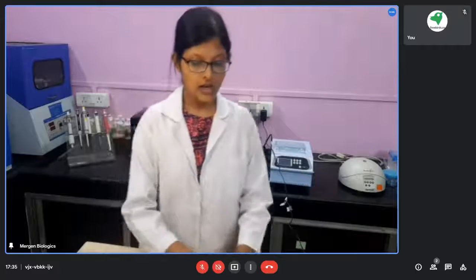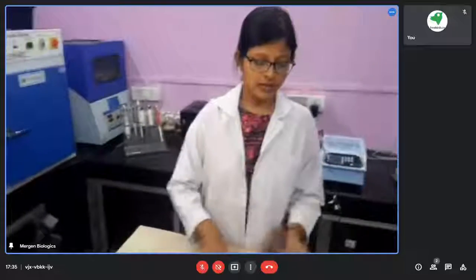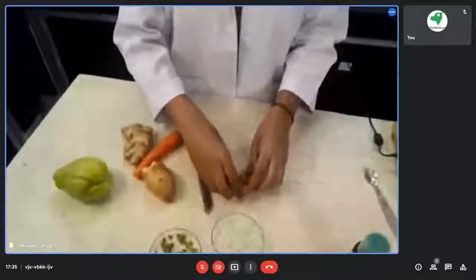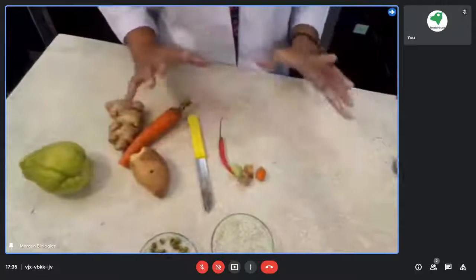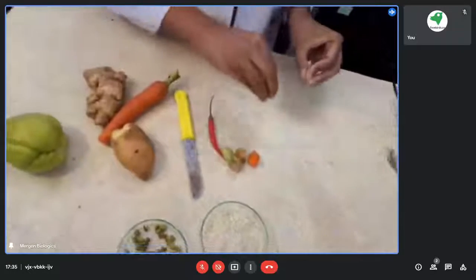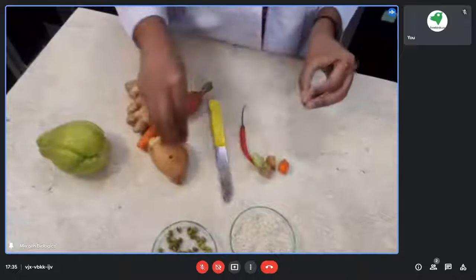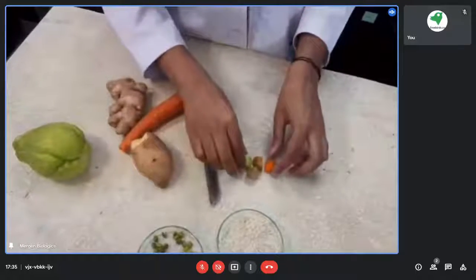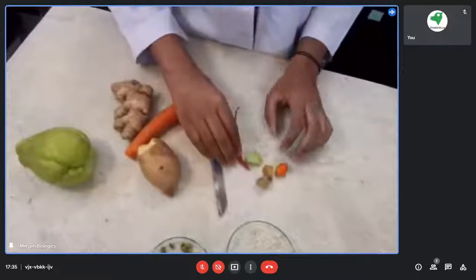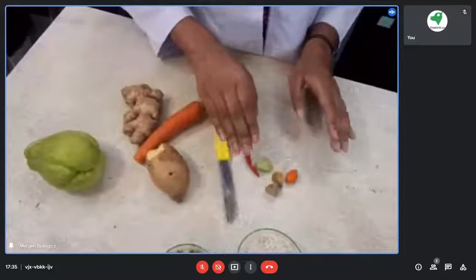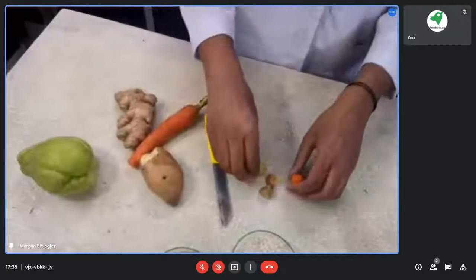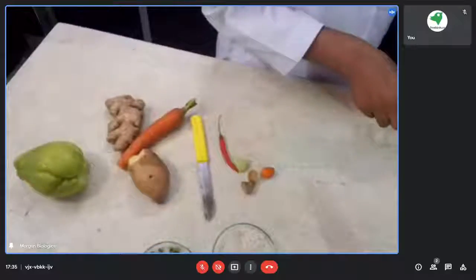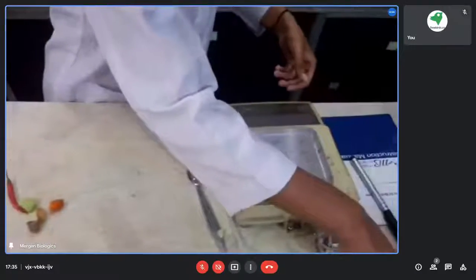I have already cut some pieces of every vegetable, and now I will weigh them so that we can get an approximate idea of how much starch is present in the particular vegetable. I will take almost equal amounts so that we can get a clear comparison. So let's weigh all these vegetables that I have cut earlier.